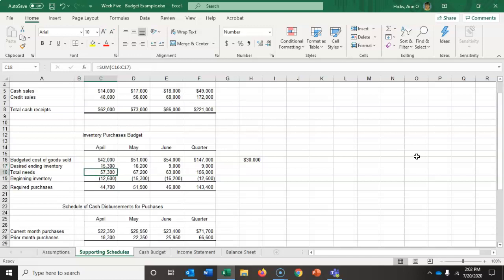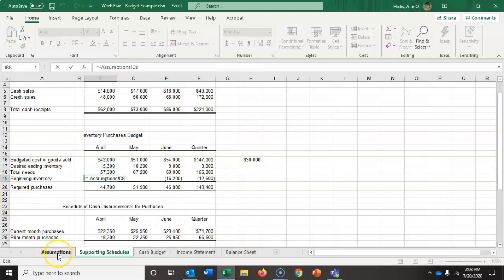So if we're going to cover our current month's sales and have our desired ending inventory, then we need $57,300 worth of inventory throughout the month. But we don't need to buy that amount. Why?